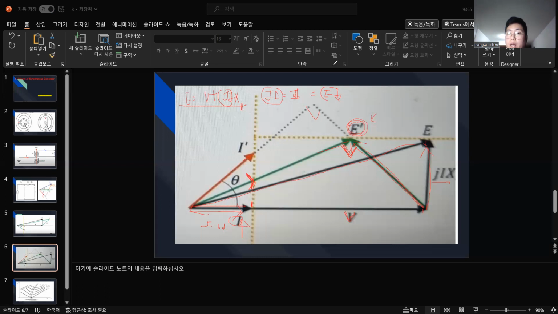So for example, if I reduce IF, E is, for example, here. I will draw E here, and the voltage drop is here, right? So look at that.